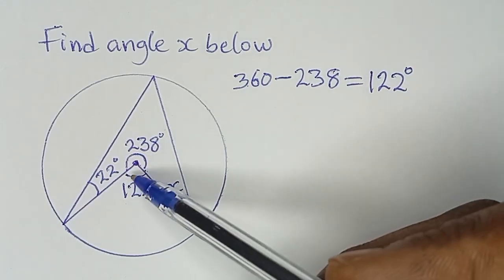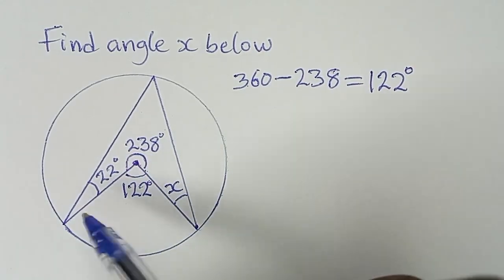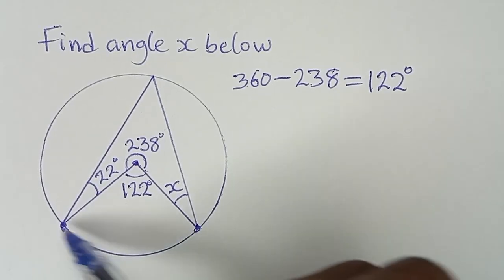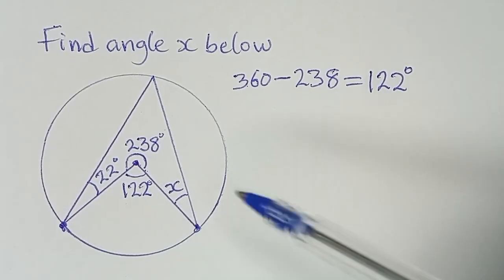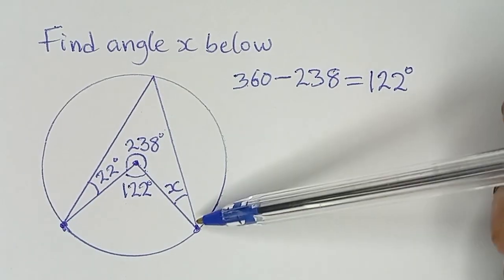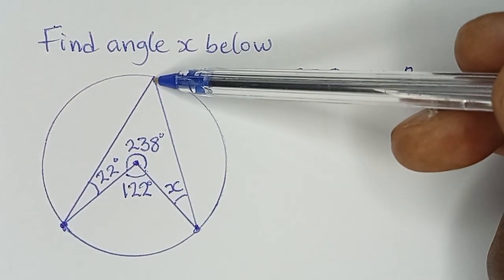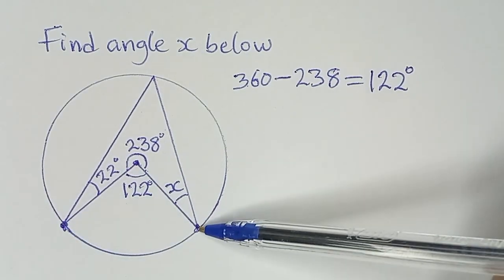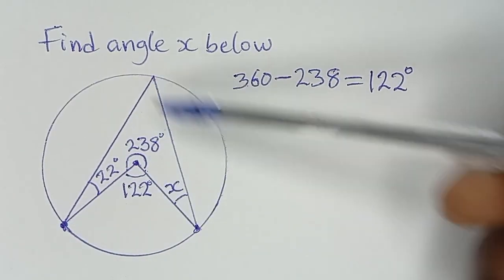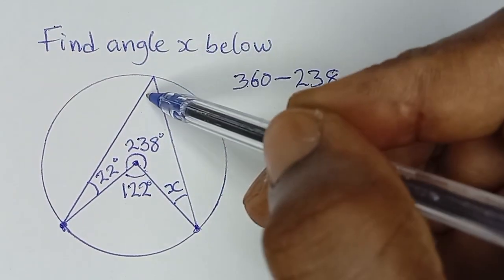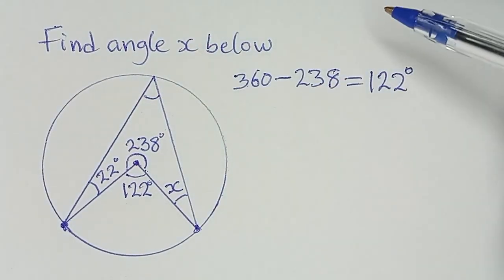So now that we have this, if you look at this shape very well, starting from these 2 points, using these 2 points as the point of reference, I have 2 lines, this first line and this second line, going to the circumference to make an angle at that circumference.